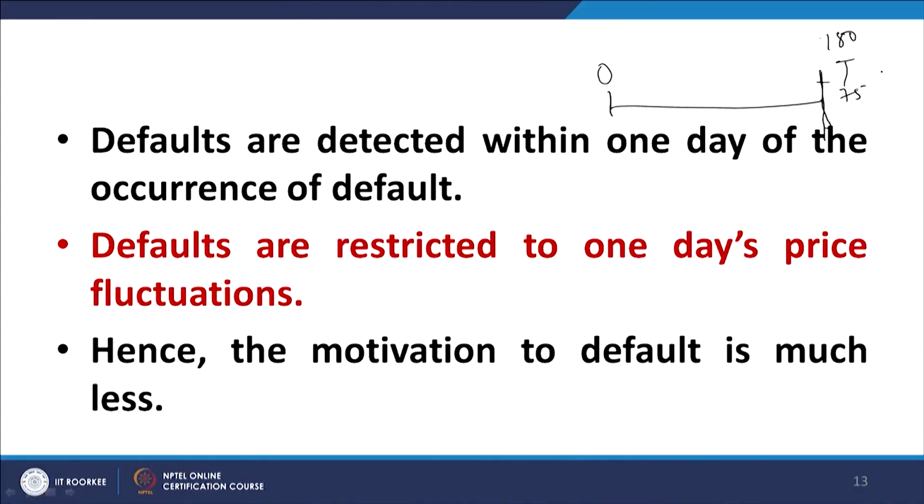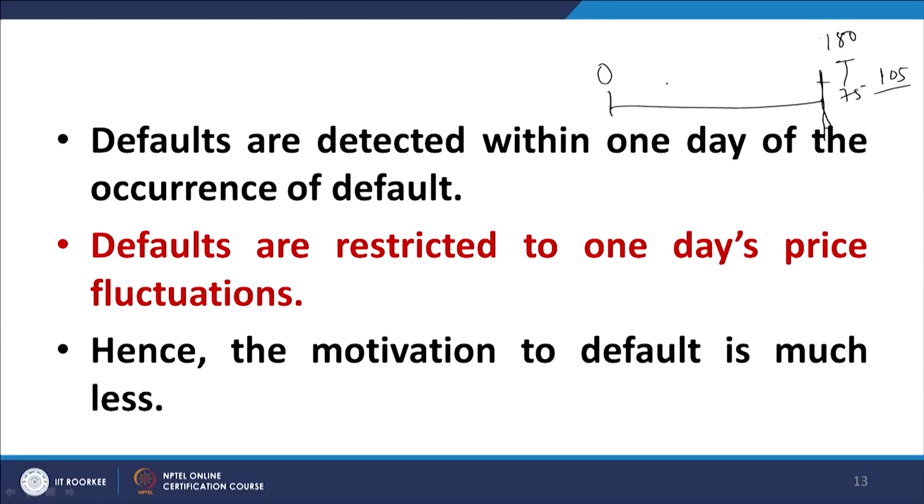Now, the entire impact of 105 rupees is felt by you on the date of maturity. In between nothing happens because there is no cash flow, no actual movement of funds. But at maturity, when you are mandated to deliver your asset, you realize that you are delivering an asset worth 180 rupees for only 75 rupees, almost 105 rupees loss.